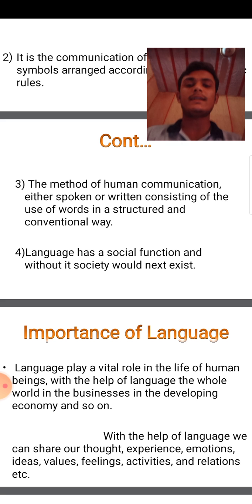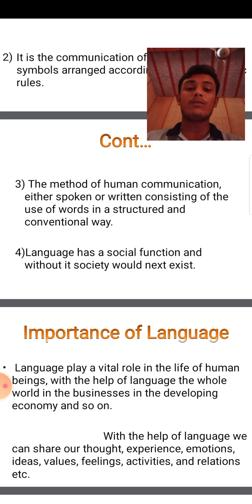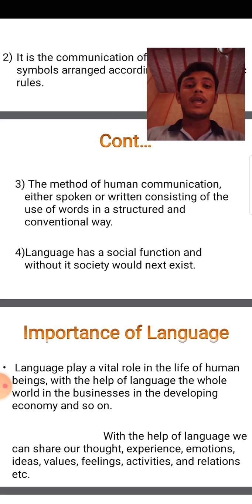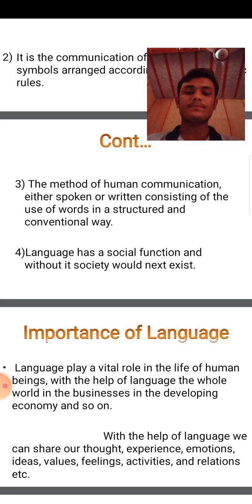This is the use of words. This is the structure. Number 4, language has a social function, and without it society would not exist. If a society has no language, there is no society. We can say that their society is deaf.